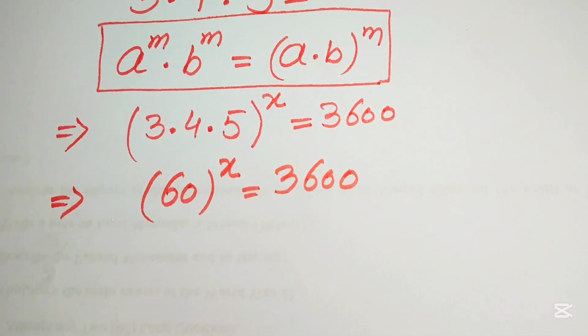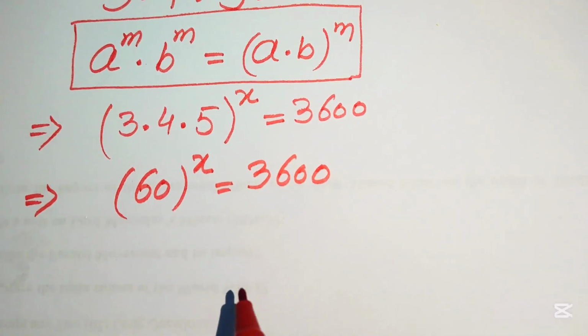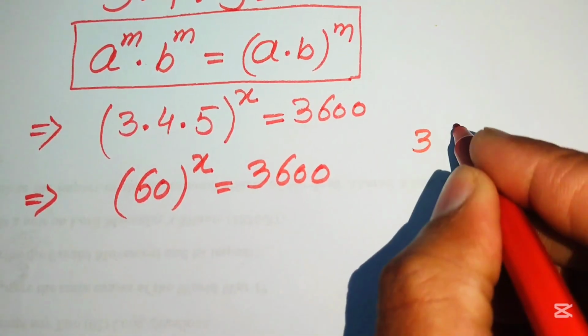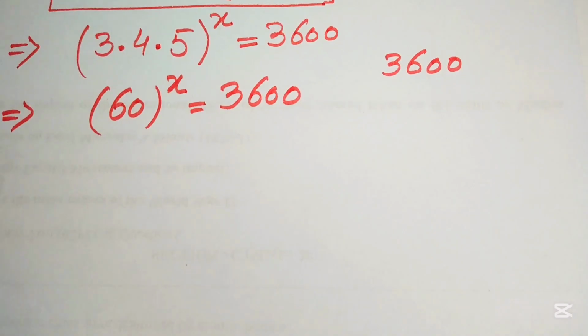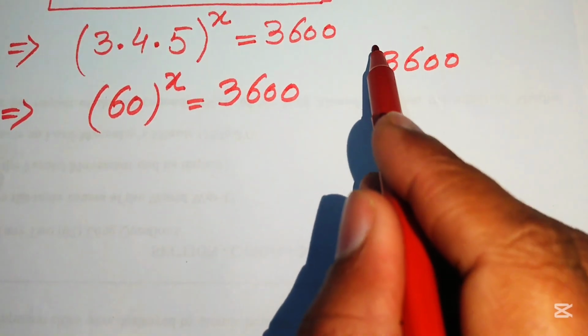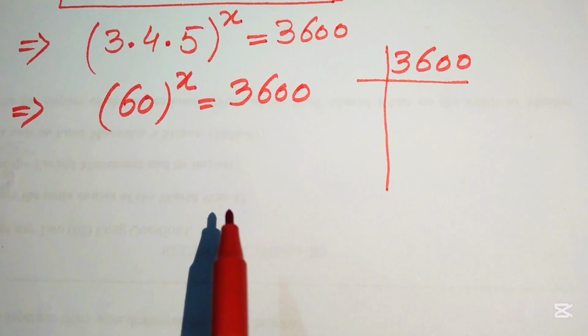Further we need to simplify the terms, and first we write 3600 in prime factor form. We find the prime factors of 3600 by the division method.